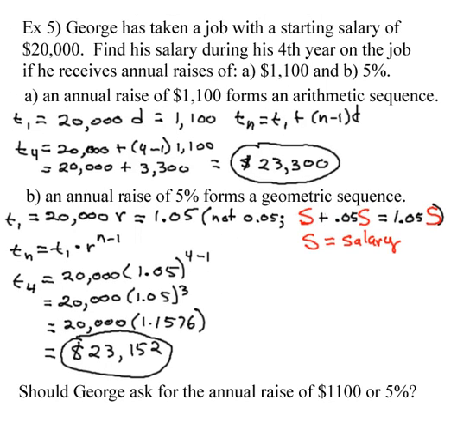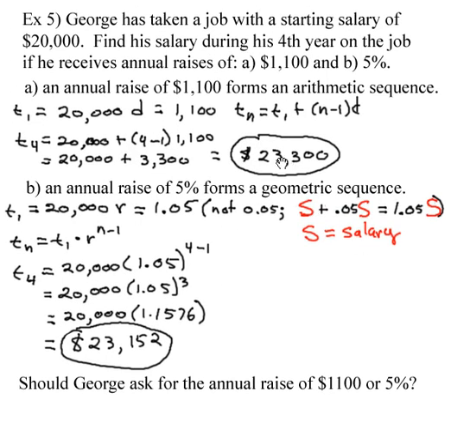But here are the calculations you can refer to when we look at the $1,100 as an arithmetic sequence and the 5% as a geometric sequence. The only difference here is you're going to replace n with 20 instead of 4 in both situations. So I look forward to finding out whether you decided the $1,100 is better or the 5% is better by the time George is there for 20 years.